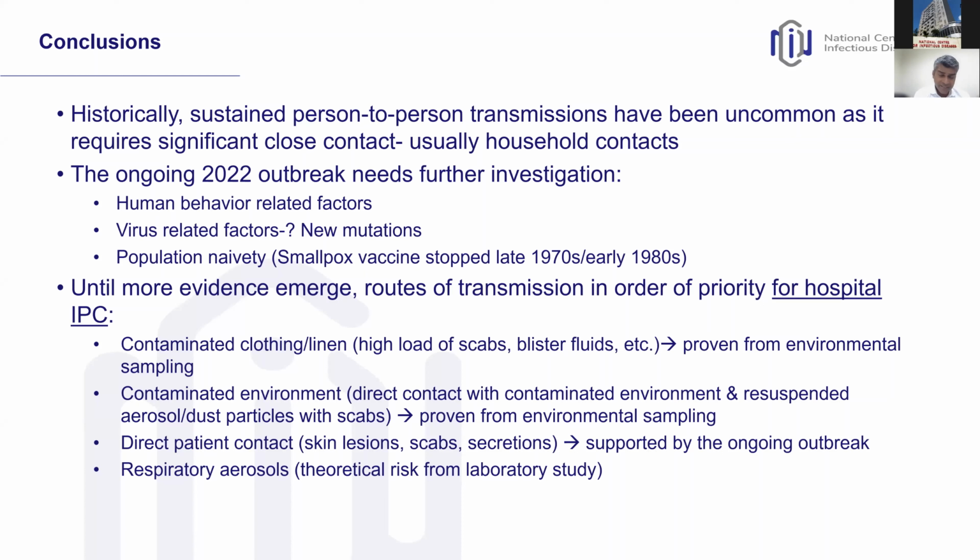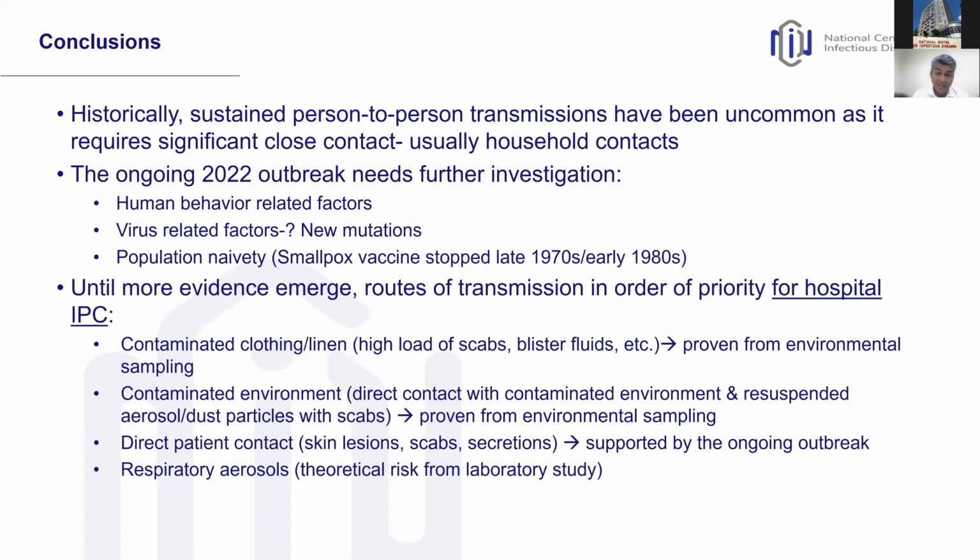Until more evidence emerges, the routes of transmission of priority for hospital IPC, in the setting of good PPE, might be contaminated clothing and linen, because there was one transmission reported previously in the UK, and high loads of scabs, blister fluids, etc., and the environmental sampling study that we saw before.